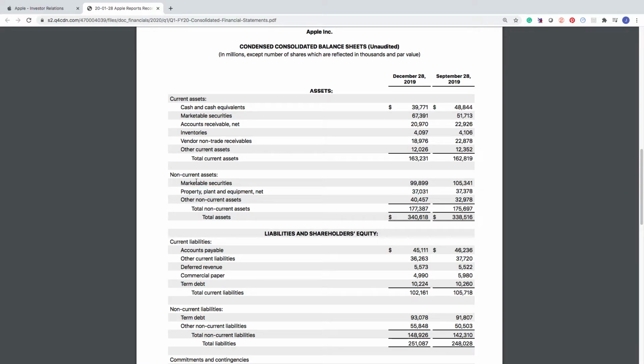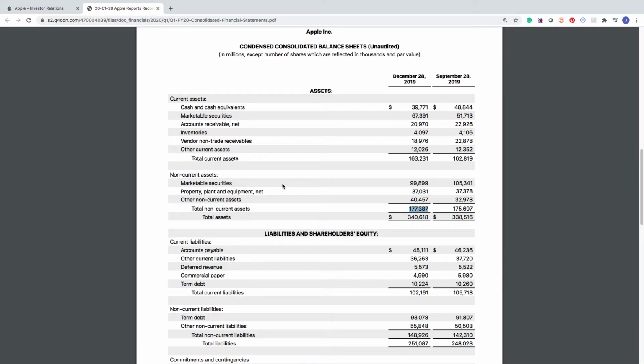And similar to the other current assets above, other non-current assets is again a similar catch-all or a lumped up figure for all of these other small items which Apple does not want to list one by one, so it's just lumped them together. So if we aggregate all of these non-current assets, it comes up to 177 billion.